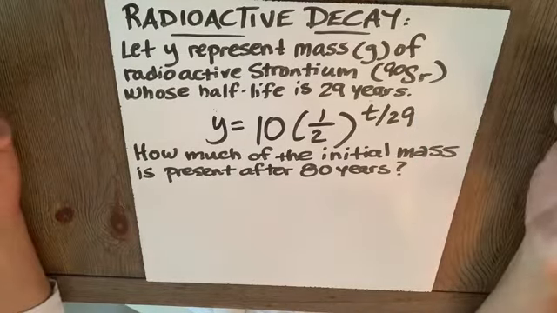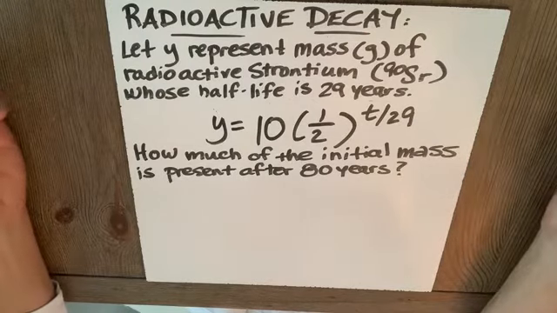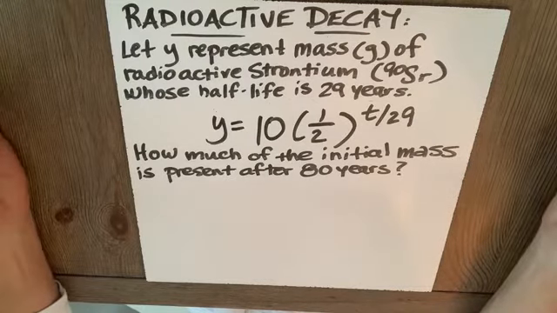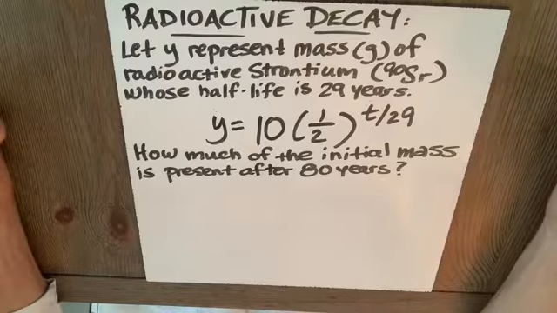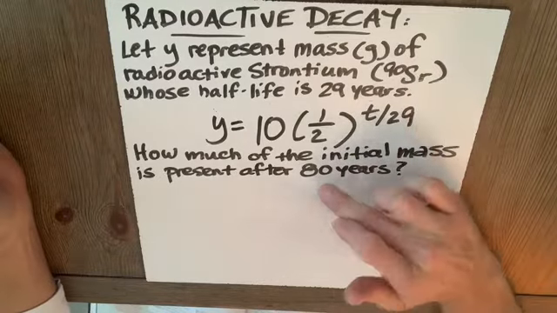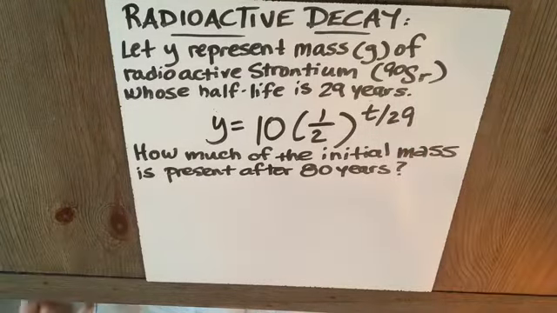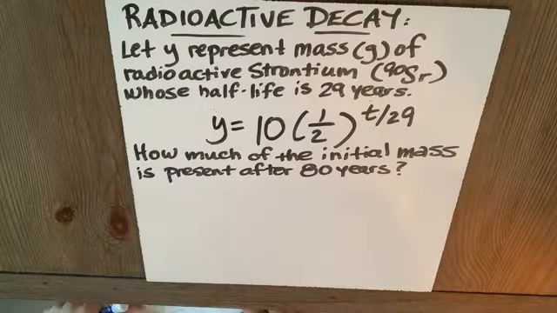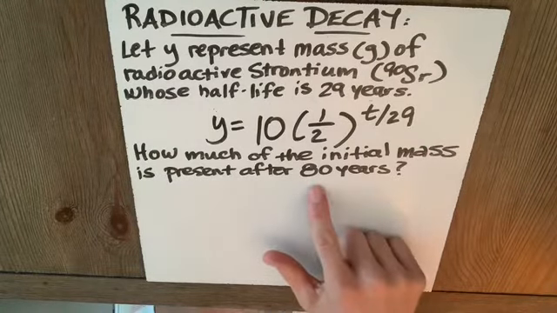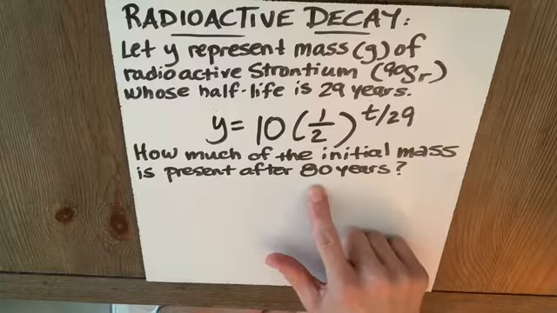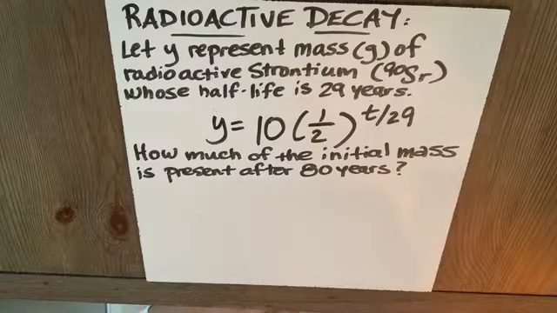Another half-life, 29 and 29, is 58. Puts us down to 2.5. So 80, if I did 3 half-lives, I'd be up at 97 years. So 80 is between 2 and 3 half-lives. So I'm guessing it's less than 2.5 grams, because 2.5 grams would be 2 half-lives.